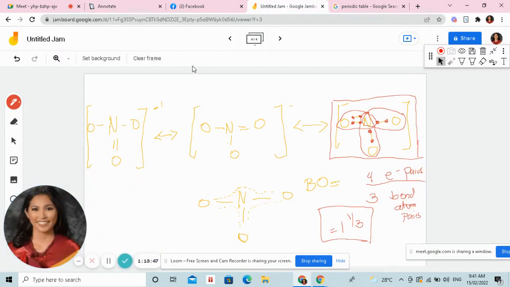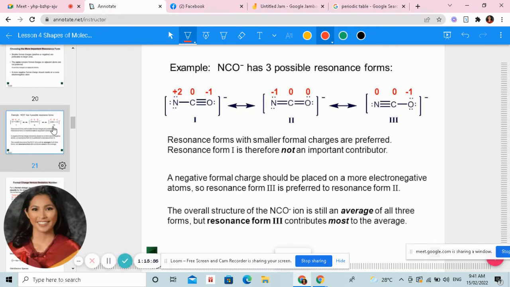So here, let's have this example instead. We have NCO minus. It has three possible resonance forms: structure 1, structure 2, and structure 3. Now if we are going to identify, we know that for NCO, the most accurate structure is the average.